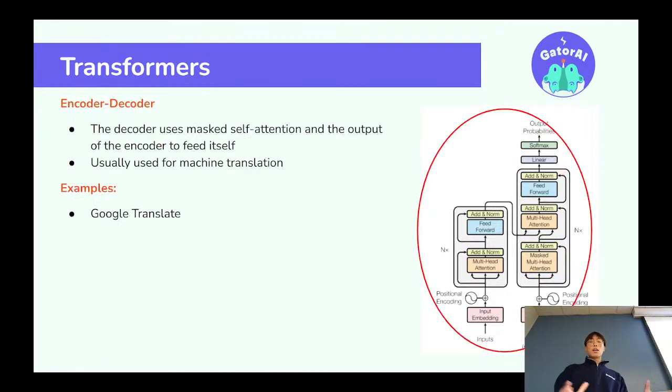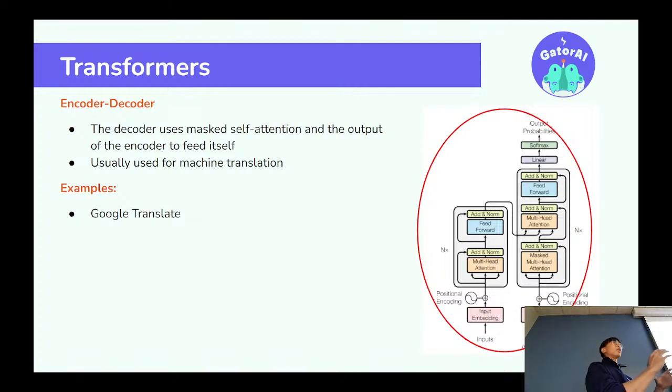All right, so now we're going to look at the encoder-decoder models, which are the models put together, right? The decoder uses masked self-attention and the output of the encoder to feed back into itself. It was originally used for machine translation. Essentially, the encoder was used to represent the original root language.